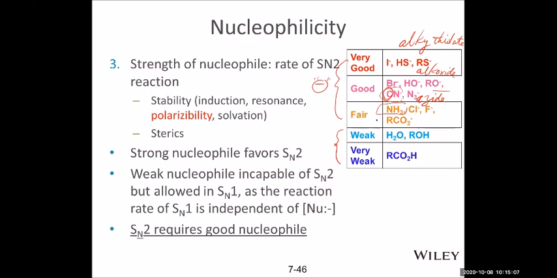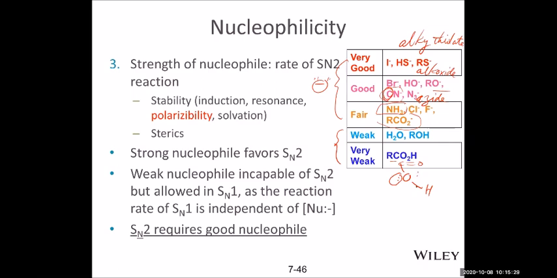You can see the carboxylate, which is here, has a negative charge. And the carboxylic acid still has a tendency to use the lone pair on oxygen to attack the electrophilic carbon, but much less tendency because it's neutral.